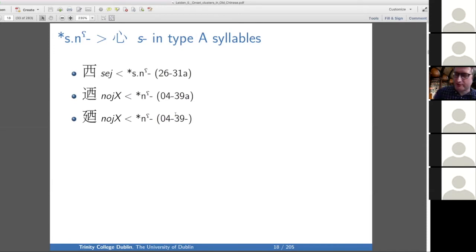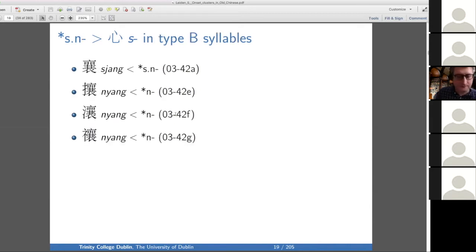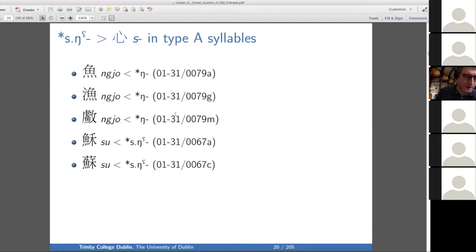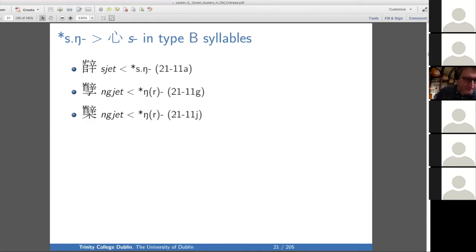We have a shesheng series that's mostly N-initial, but it has an S-initial word in it. And in type B syllables, again, mostly N-initial, but one S-initial word. And now with ng, we have in type A a mostly ng-initial series, but with some words that start with S. And in type B, again, a mostly ng-initial series, but with one word that begins with S in Middle Chinese.